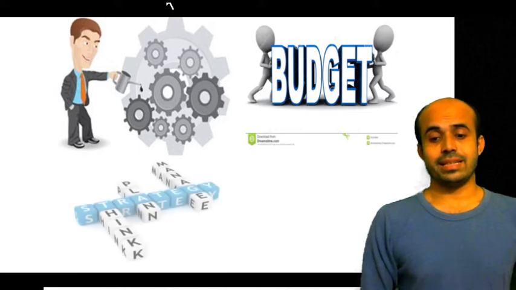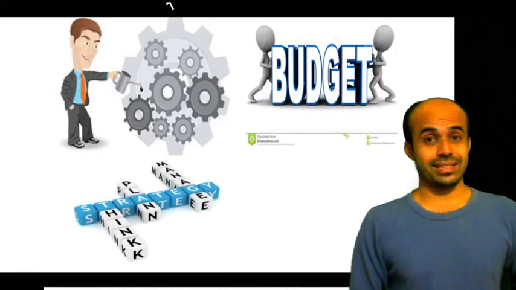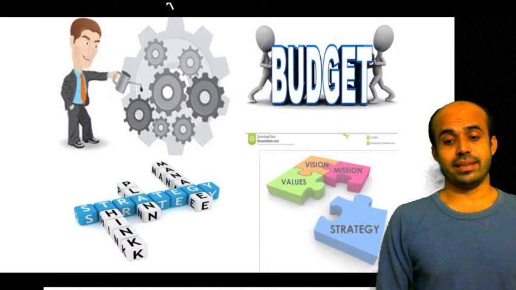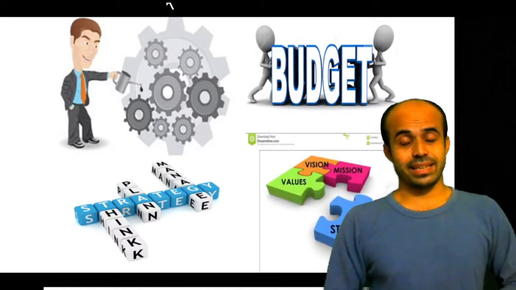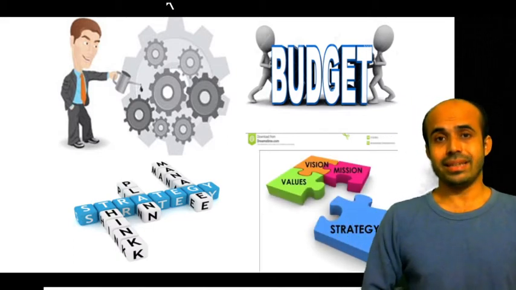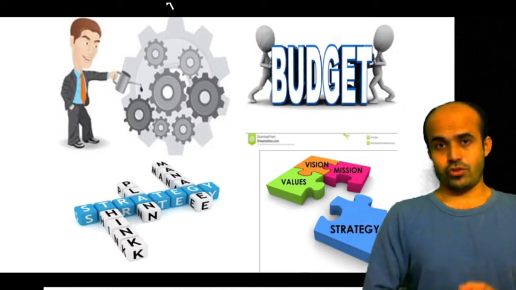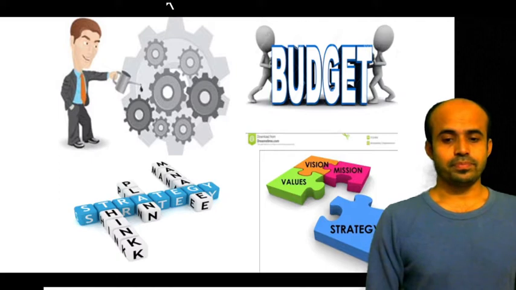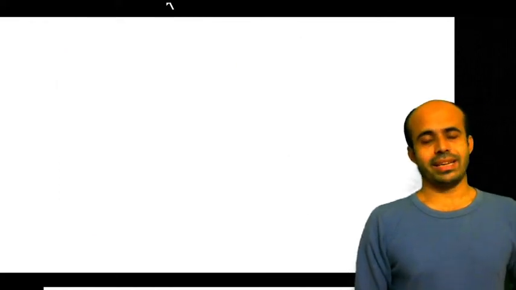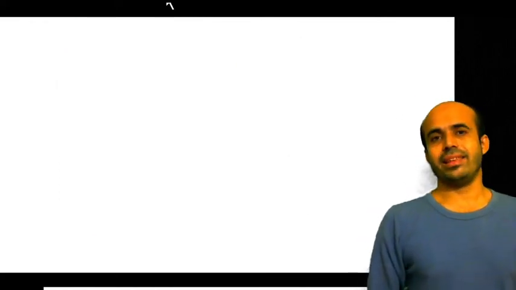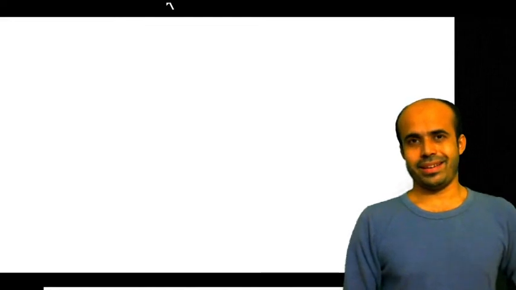So there is the budget, there is analysis, planning, there is strategy. All of these are used in the controlling technique. So what techniques can we use in controlling? Let's see.